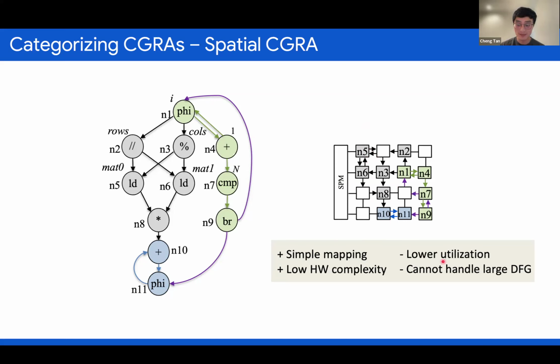However, it also has some drawbacks, like lower utilization. You see some tiles are kept idle the entire time. Another drawback is that it cannot accelerate a kernel that has a larger resource requirement than the provided architecture.